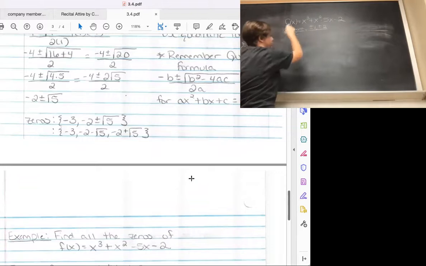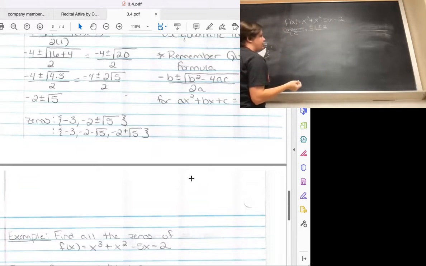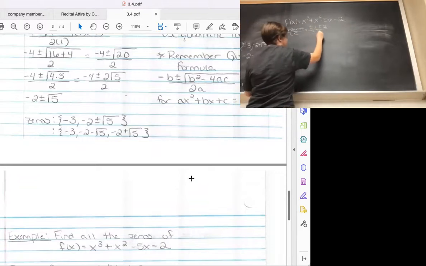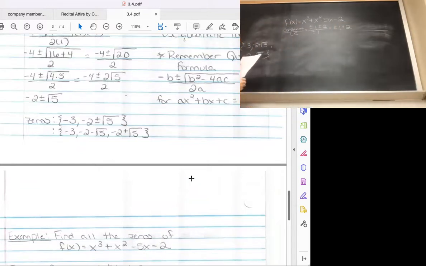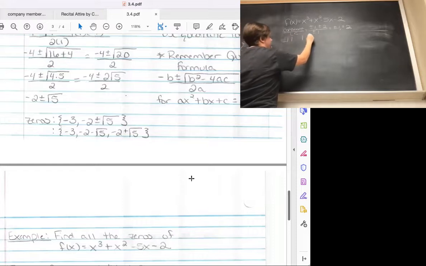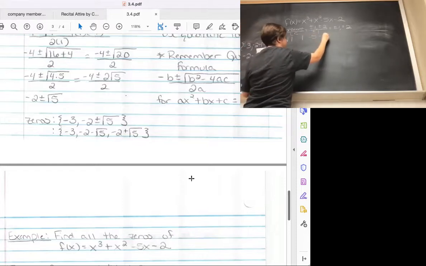Your factors of the leading coefficient is just 1, so it's plus or minus 1. So again, we're looking at a nice short list of possible rational zeros: just plus or minus 1 and plus or minus 2. So we're going to do synthetic division: 1, 1, -5, -2.